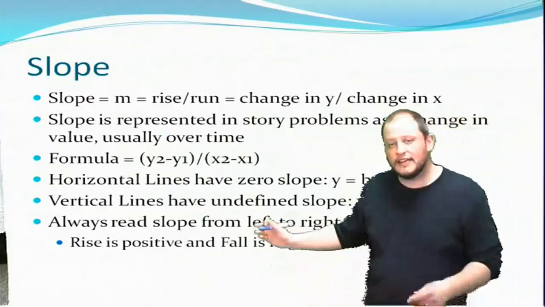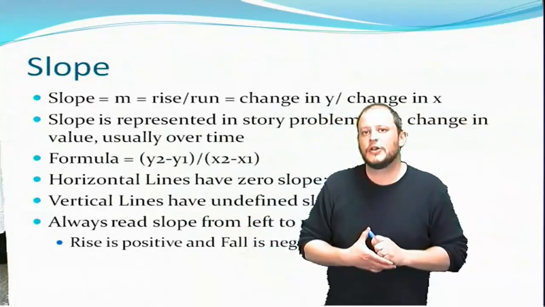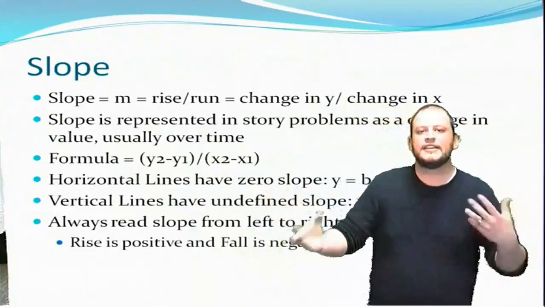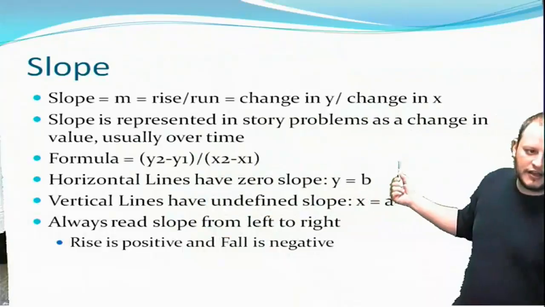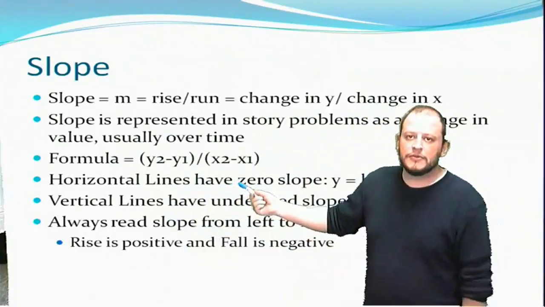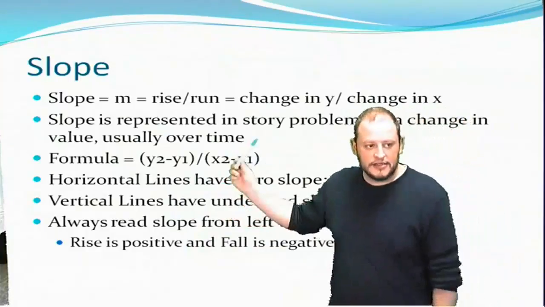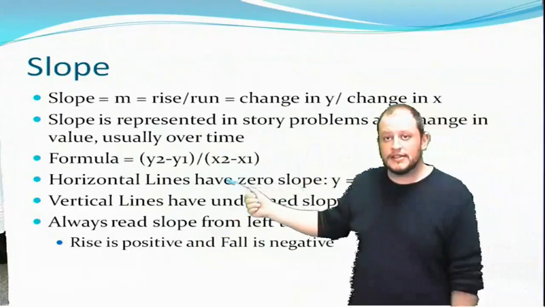Keep in mind that lots of ACT problems have slope involved, but they're represented in a story problem, so keep in mind that as a change in value, usually over time. So I got a couple of practice problems from our practice exam that deal directly with this, and I will show you here in a moment what I was thinking when I solved them.